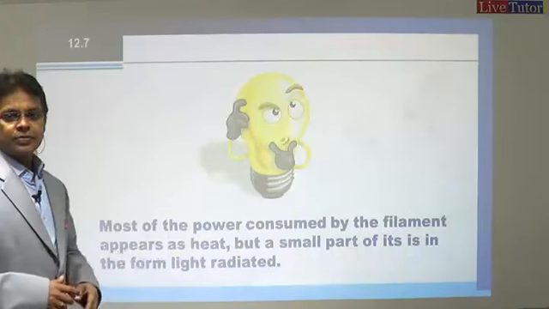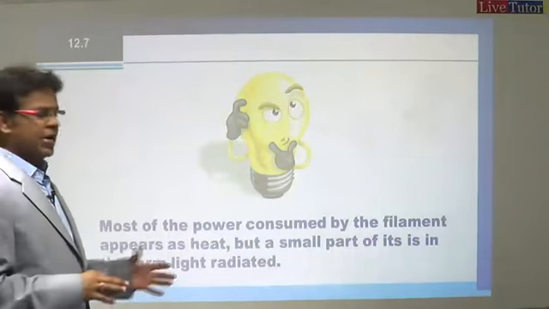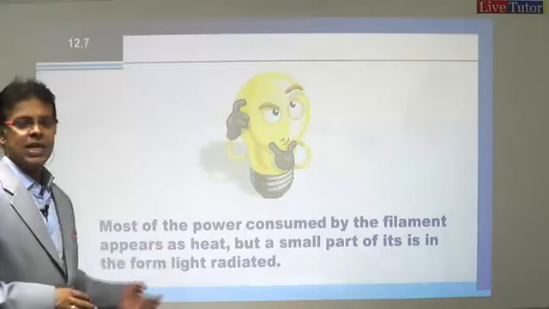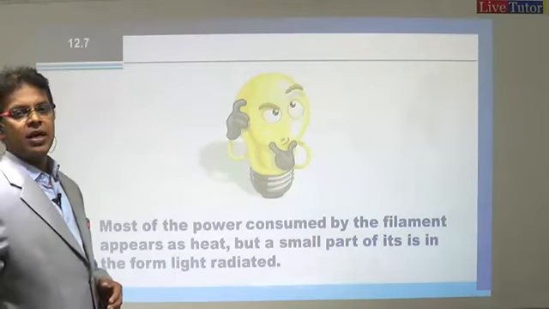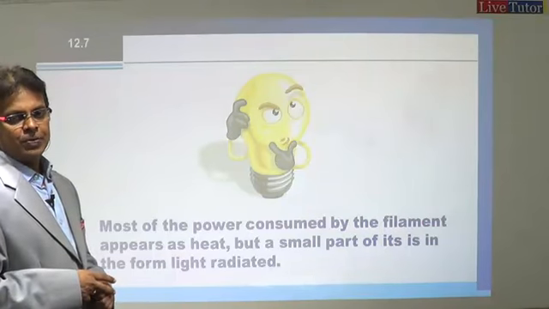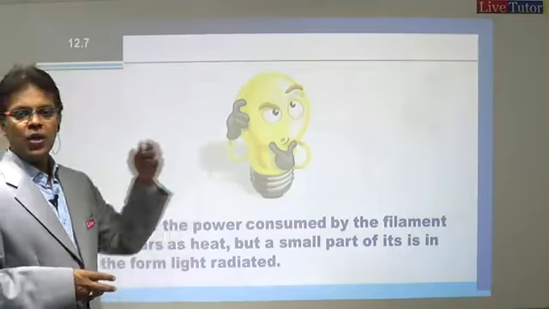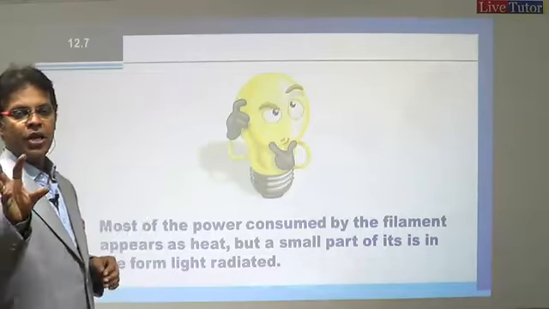Okay. Here, most of the power consumed by this filament appears as heat, and only a small part of it is radiated as light energy. So in the yellow bulb, if you touch it when it is glowing, it will be very, very hot.